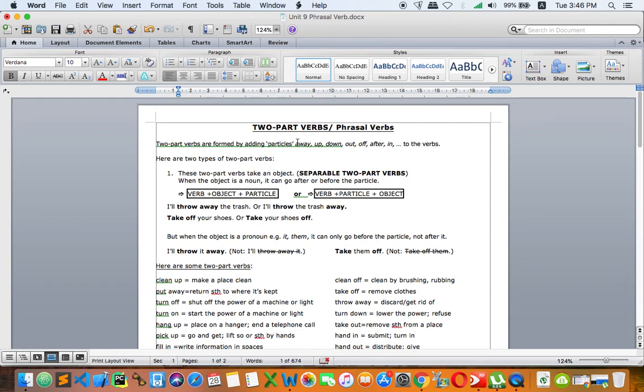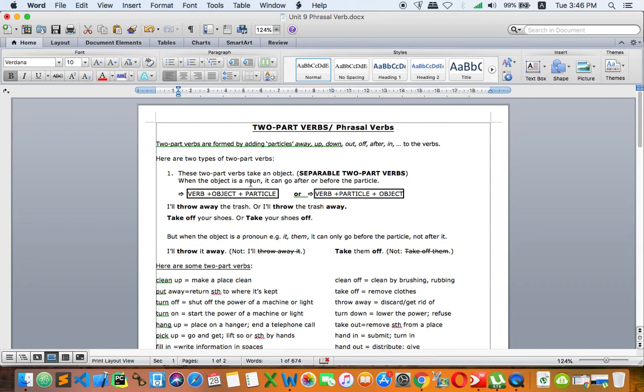When we add particles to the verb, it is considered a phrasal verb because it has a different meaning. Here are two types of two-part verbs. The first one is separable, which I already explained a couple minutes ago, and we also have another one, which is inseparable phrasal verb.